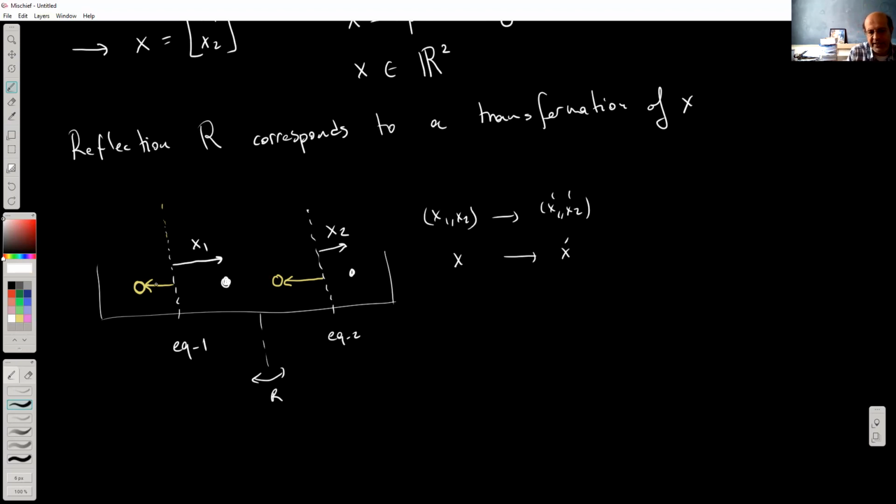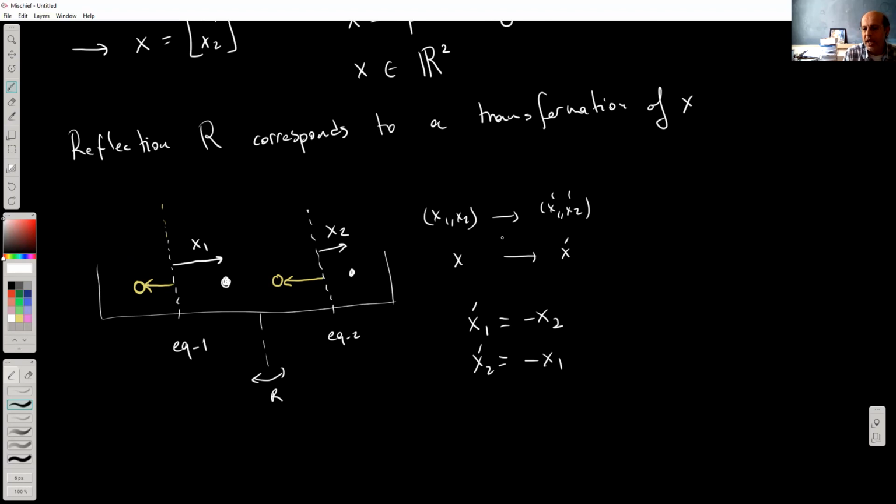Well, for example, if x2 is positive, then after the transformation, the coordinate of the first particle, let's call this x1 prime, is negative, so it is minus x2. And x2 prime is therefore the coordinate of the second particle, which is this one with a negative sign.